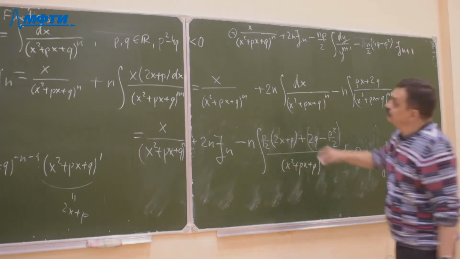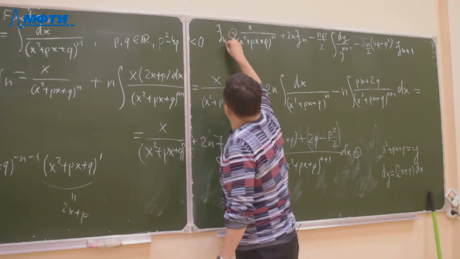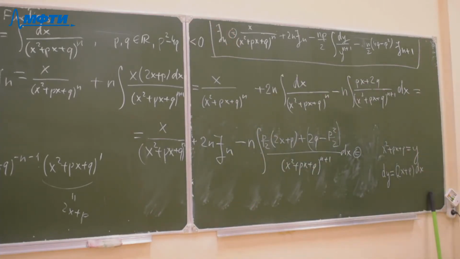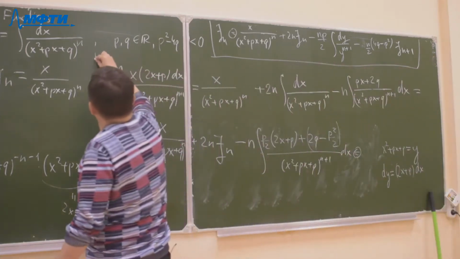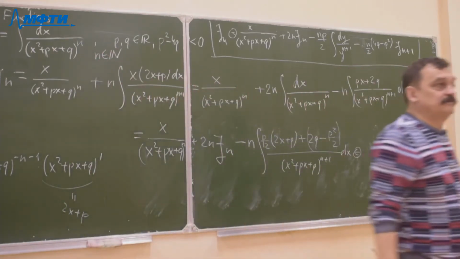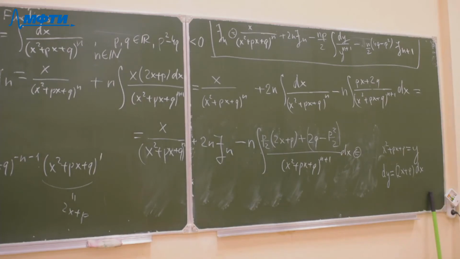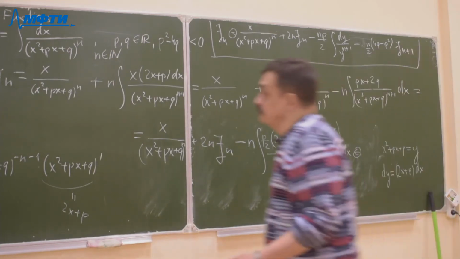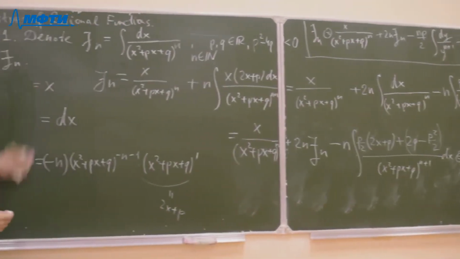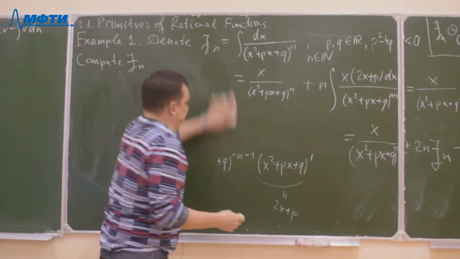Look, let me look at this formula. Of course, we should also suppose n is natural. And what is the result? The result is not a formula for Jn, but a recurrence formula.